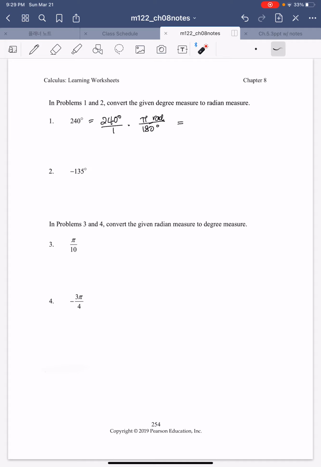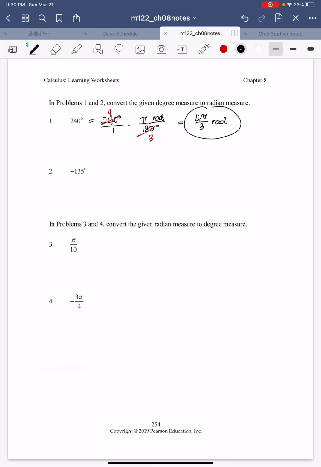Then you can reduce; 180 and 240 are both even numbers, both divisible by 60. So 60 goes into 180 3 times, and into 240 4 times. So the final answer is 4 pi over 3 radians. So 240 degrees is the same thing as 4 pi over 3 radians.